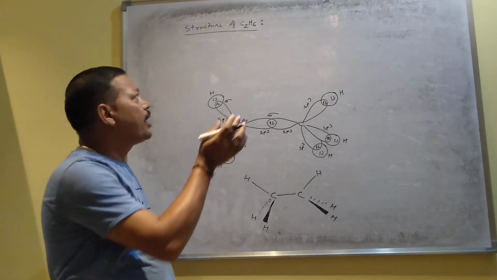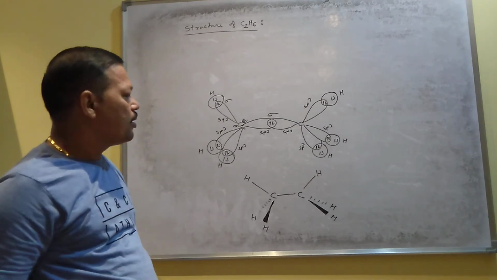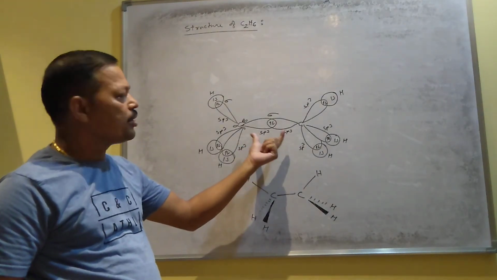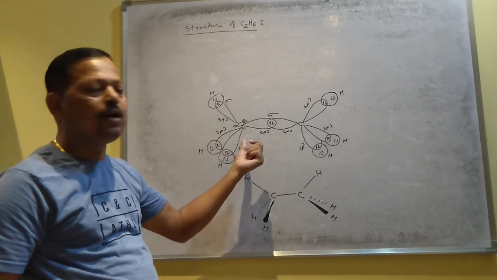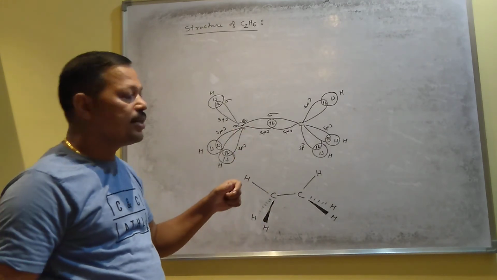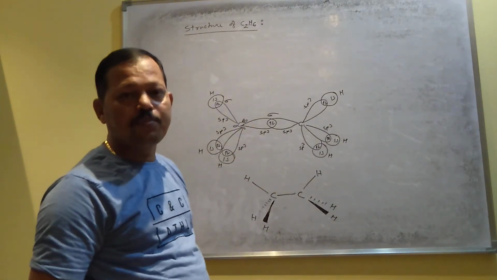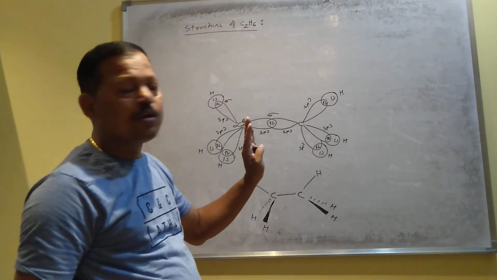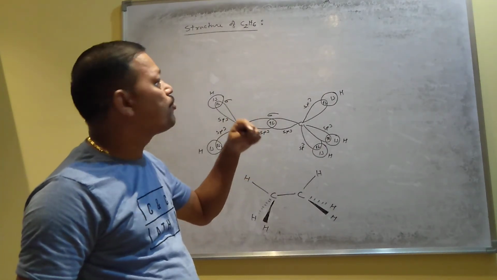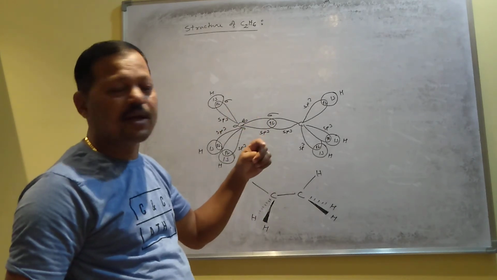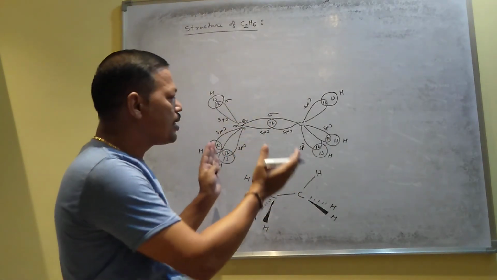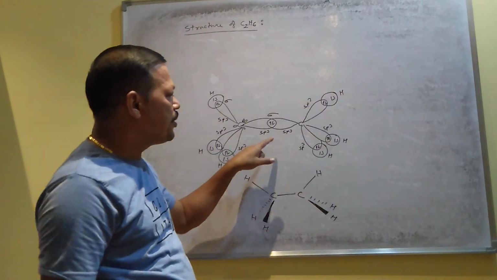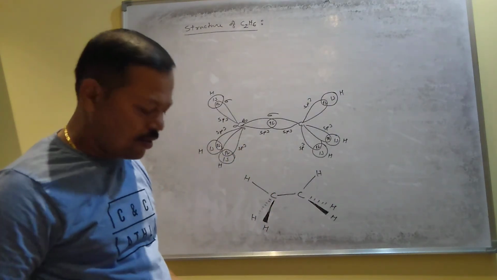All alkanes like propane and butane also undergo this type of hybridization, and they adopt the tetrahedral shape with a bond angle of 109.5 degrees. So try to draw the structure of propane, butane, pentane, any alkane. You can draw the orbital diagram by applying hybridization this way. Thank you.